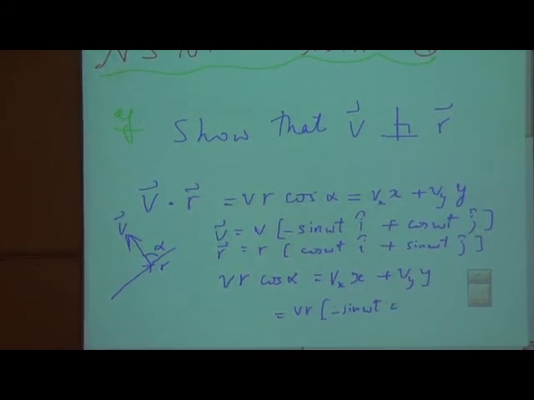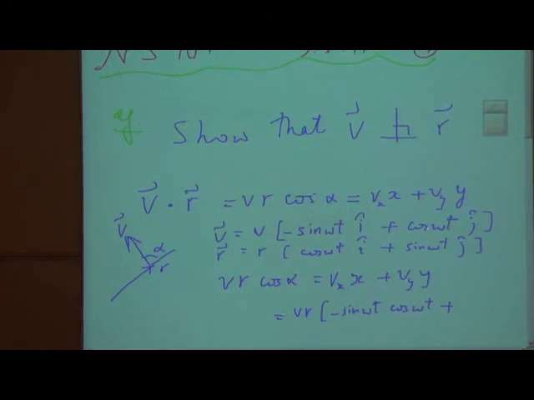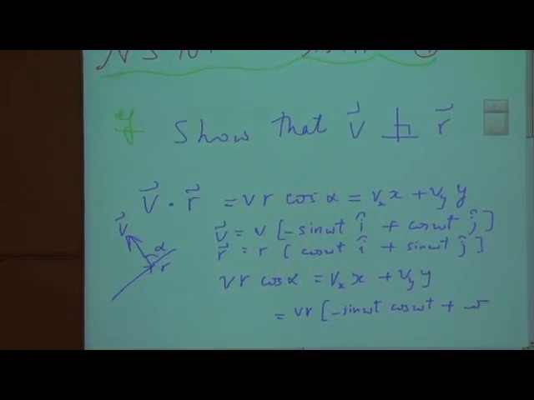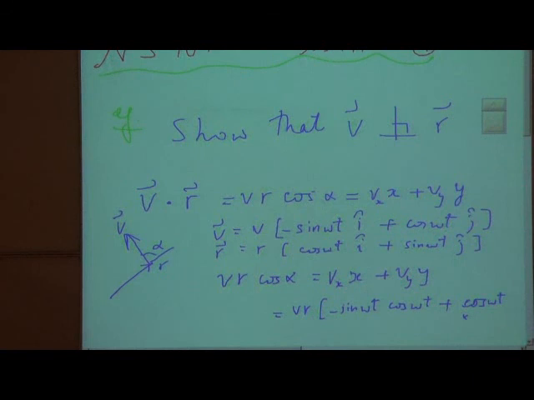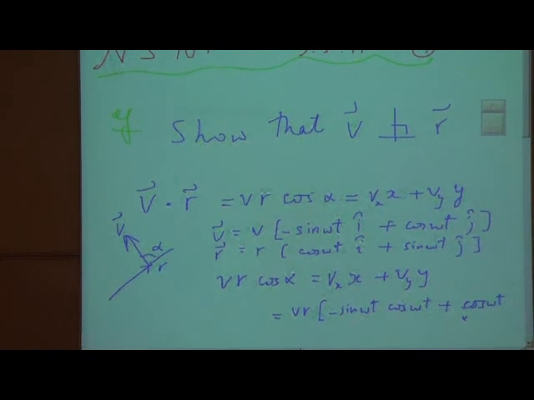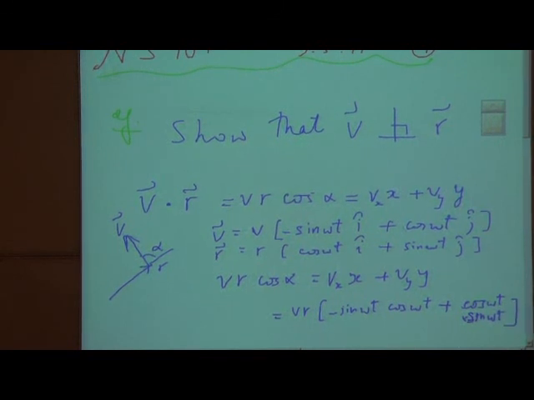So I write here cos omega t. Now I do the same thing for the y components, plus, what is Vy? It's here. Cos omega t times, what is the y component of the position? I put the R already, sine omega t.